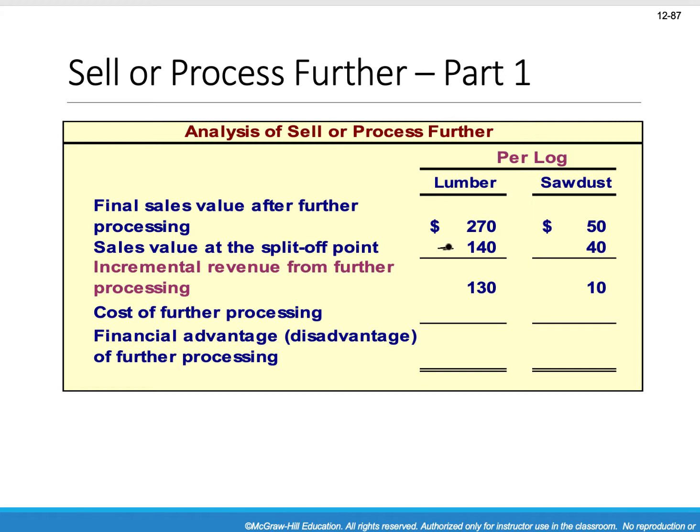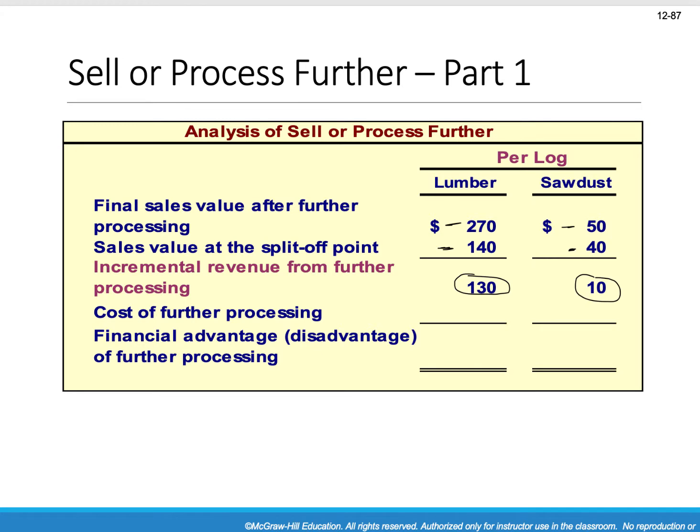I could sell as is for 140 bucks, or I can put more into it and get $270 per board in sales revenue. I have incremental revenue just from the lumber of $130. We do the same thing with the sawdust, right? I could sell as is for 40, or I can process further and sell it for $50. So we have incremental revenue of $10.